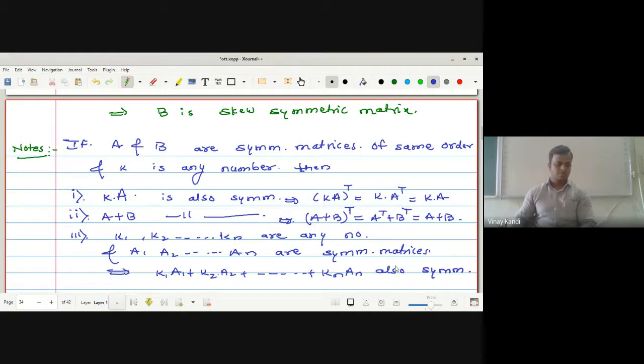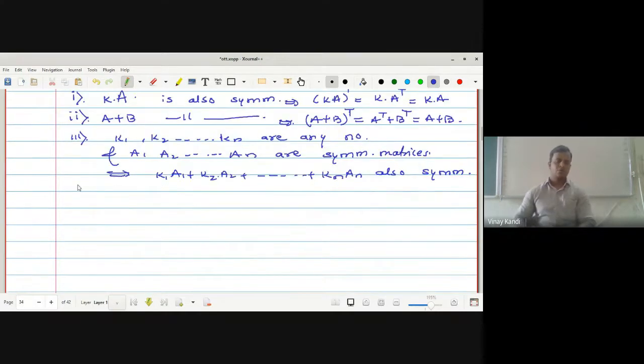Fourth property: A raised to n, where n belongs to natural numbers, is symmetric. If A is symmetric, then any power of A is also a symmetric matrix. So these are some properties of symmetric matrices.